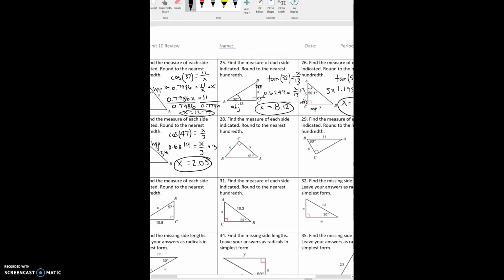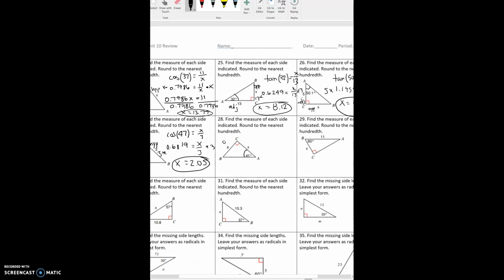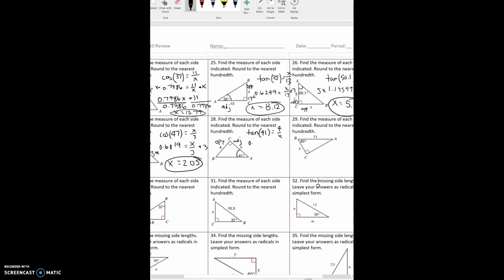Find the measure of each side indicated. Here's our angle. We are given the opposite and adjacent. So we'll be using tangent of 41 is equal to the opposite divided by adjacent. Tangent of 41 is approximately 0.8693.